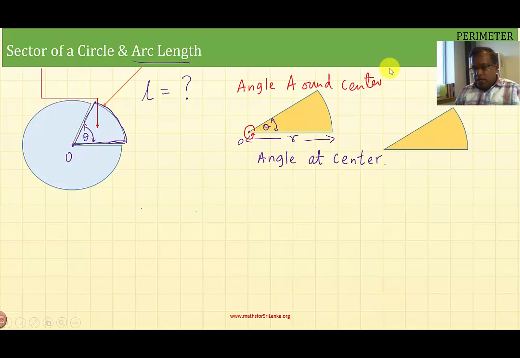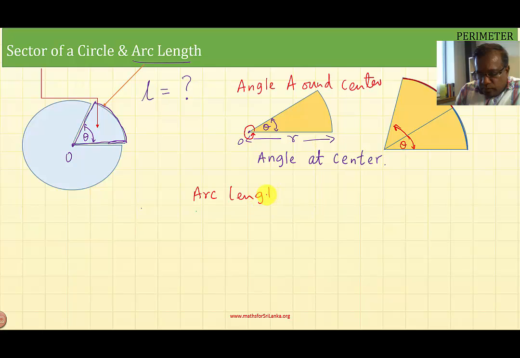What you see over here is that the larger the angle at the center, the longer the arc length is going to be. That means the arc length is directly proportional to the angle at the center.